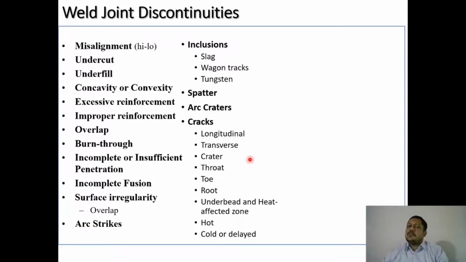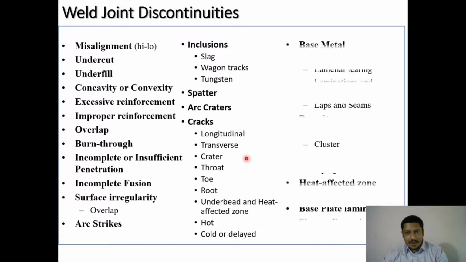We can have spatter, arc craters and cracks. Many types of cracks are available: longitudinal, transverse, crater, throat, toe, root, underbead and heat affected zone, hot, cold or delayed. It's not over.